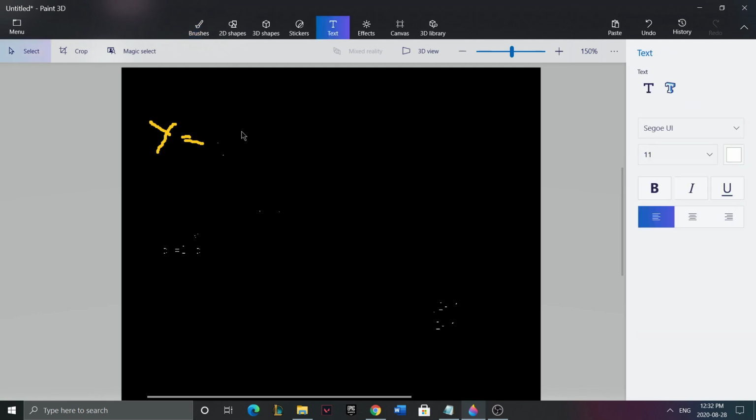So let's say y is equal to, I'll actually write this in text, y is equal to 2x squared plus 3x plus 12. Now in this case, there's actually no need to factor here.